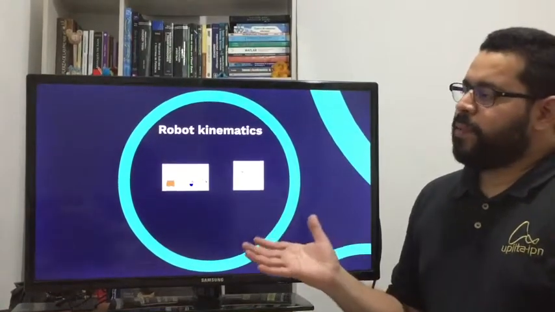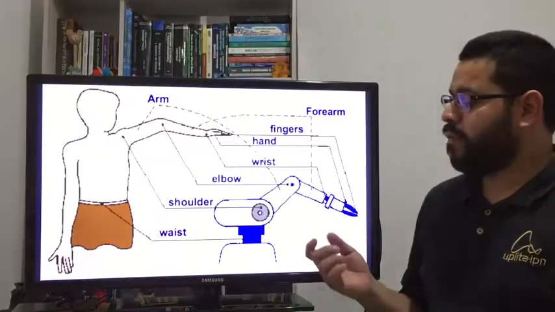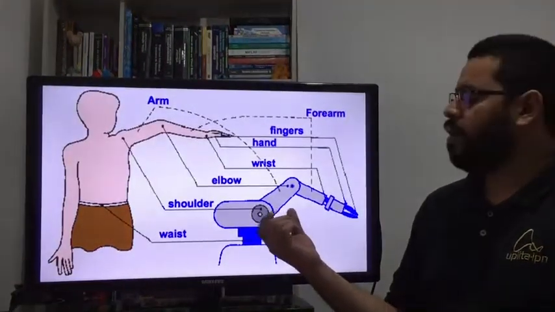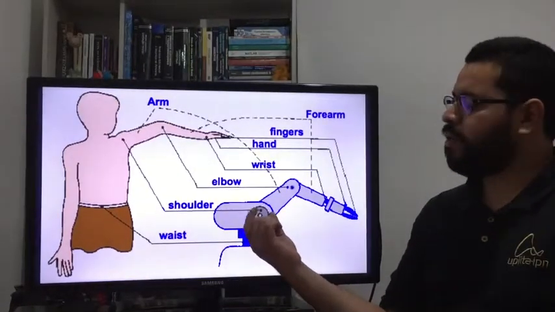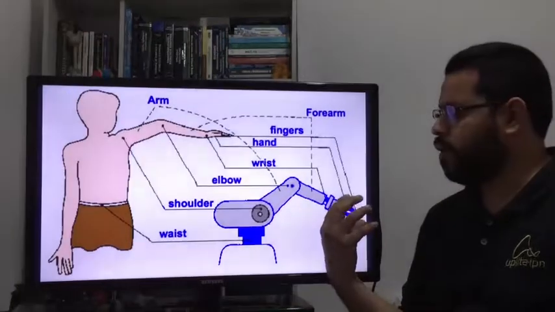When we speak about robot kinematics, we're speaking specifically about a relation between the values of the joints in the robot and the position and the orientation of the tool.